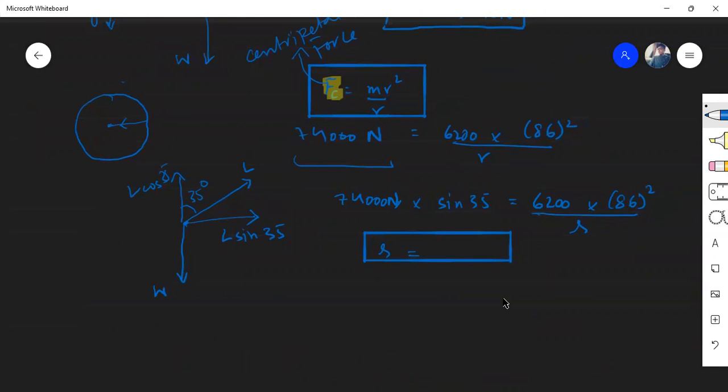So the centripetal force was L sine 35, and L we found in part 1, which was 74,000 Newton.